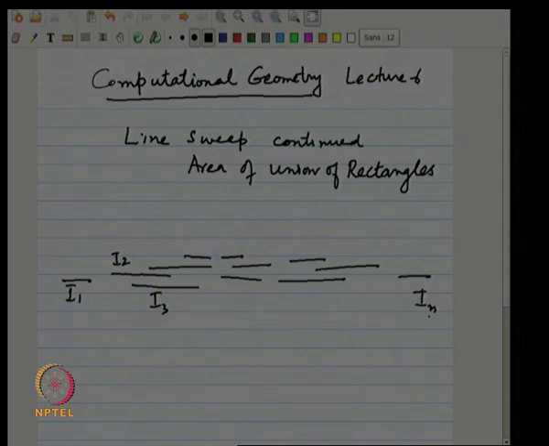And we want to compute the sum of the union of intervals. Namely, in this particular case, the sum would be, well, this is covered. I will just use another color.